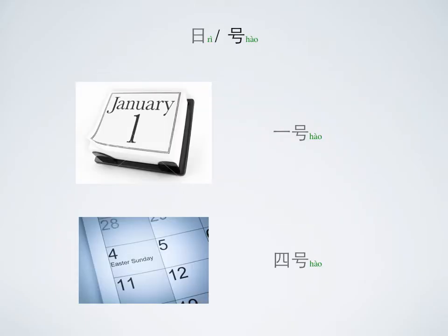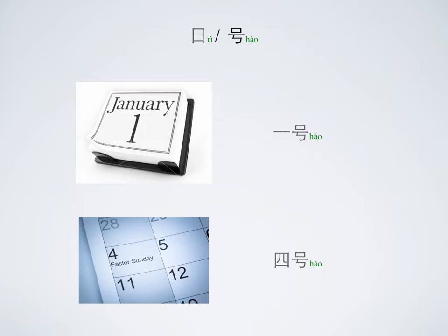Next one, go on to date. Date, we say 日 or we use 号. The difference is 日 mostly appears in written language. So when you write down the date, sometimes you will write 一日, okay? But when you're speaking, most often we use 号, okay?